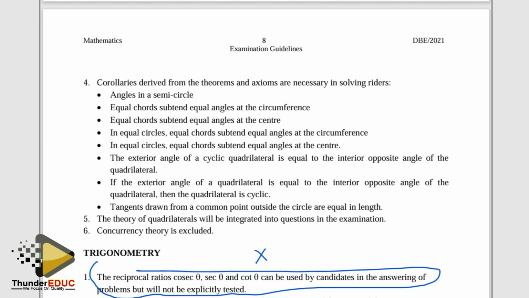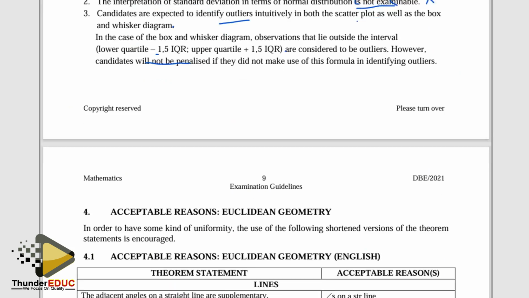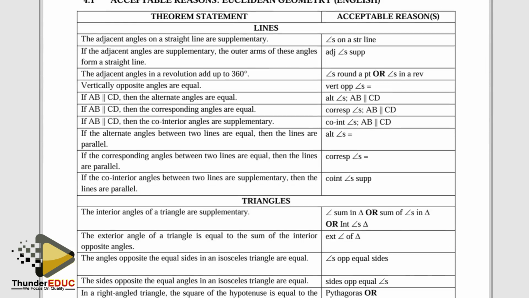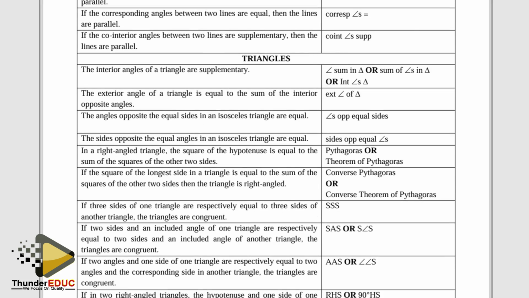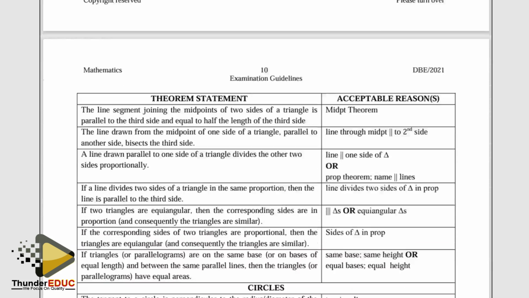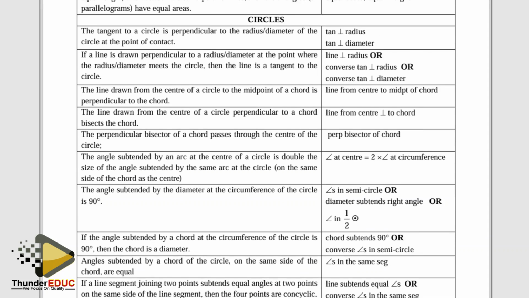Then the corollaries derived from the theorems and axioms: angle in a semicircle, equal chords subtending equal angles, and so on and so forth. So this we need to remember. And also the acceptable reasons. Under the theorem statements for the lines, the triangles, and the circles, these are the reasons that we can accept.